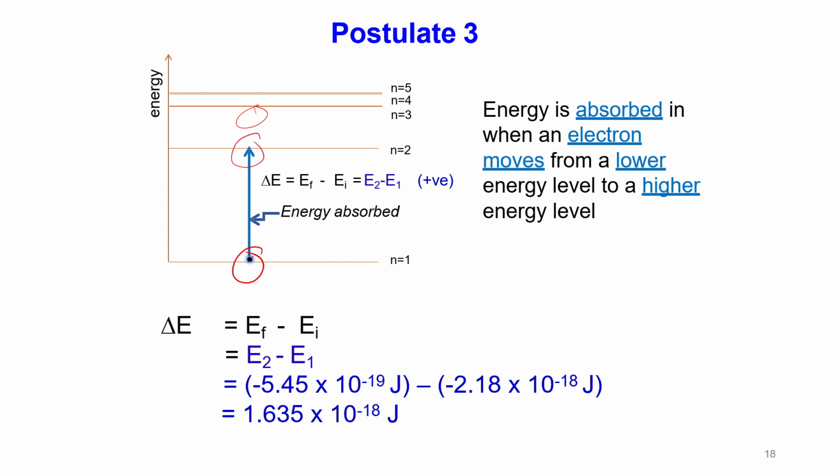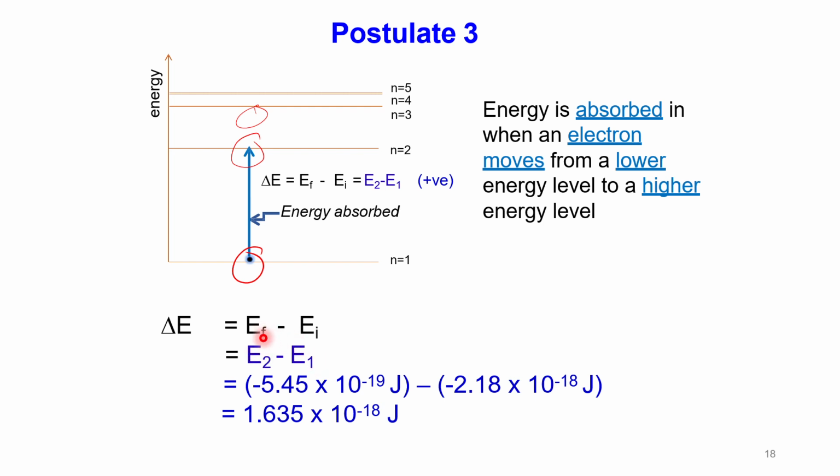So when the electron is excited, so we can calculate the difference of energy. Okay, so energy final, EF, minus EI. EI is energy initial. So initially, it start from n1, first orbit. So it excite to second orbit.